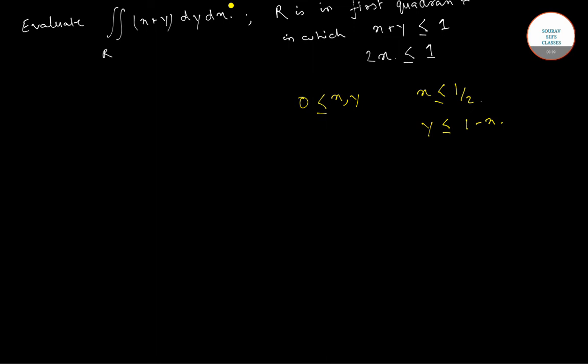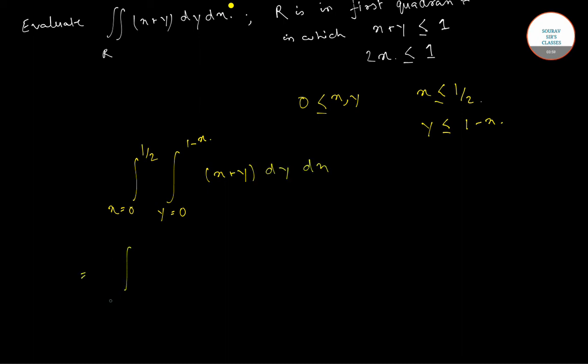So this integration can be written as integration x equals 0 to half, integration y equals 0 to 1 minus x, x plus y into dy dx.